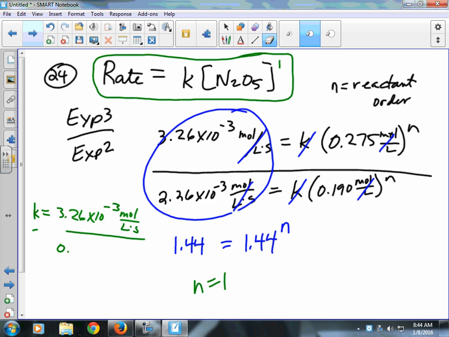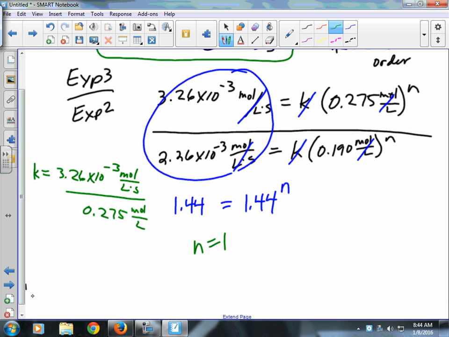Moles per liter. Does everybody see what we're doing? Okay. I'm going to come over here and check the units real quick. Moles per liter second times liter over mole, right? Because you would invert that when you multiply.